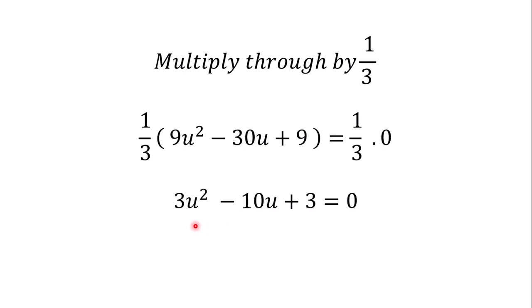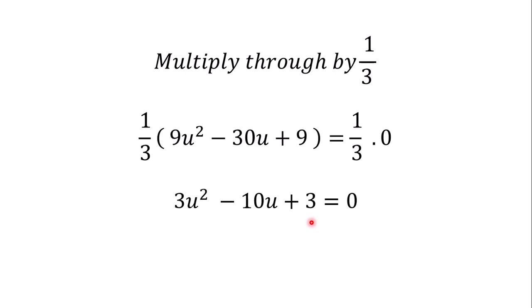Alright. Here, to use the factorization method, we are just going to multiply the coefficient of u squared by this constant. Then we find factors of that constant. Then we use it to replace this 10u here. Okay, so 3 times 3 will give us 9. It's positive.